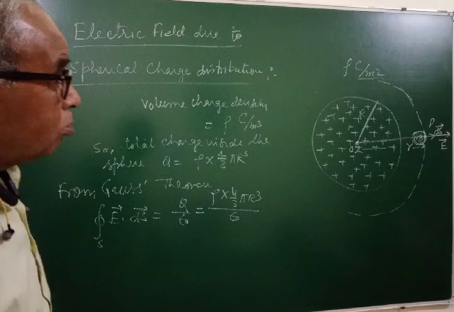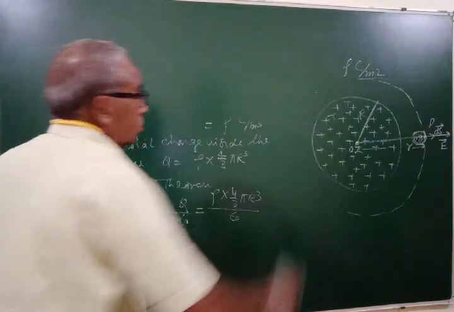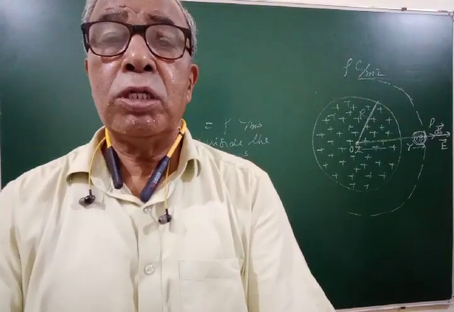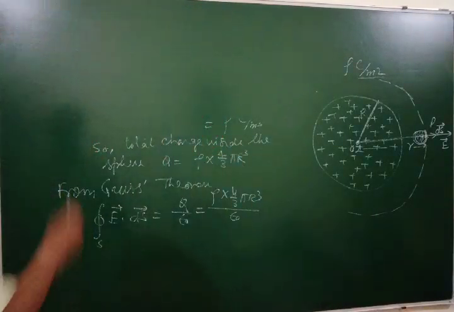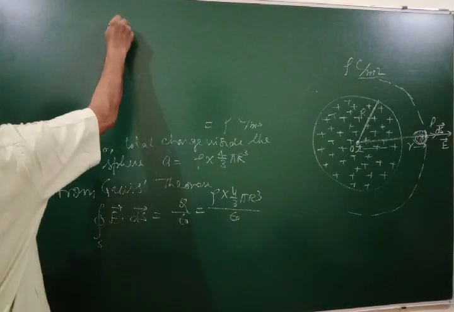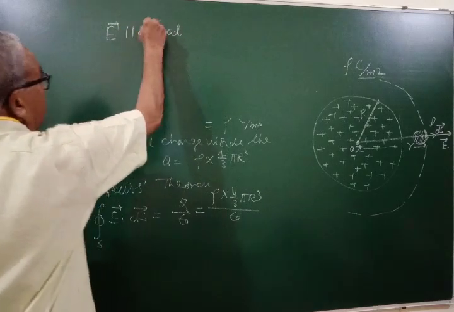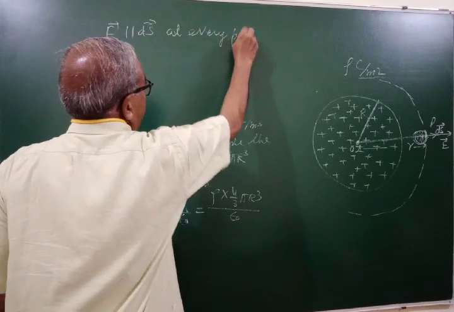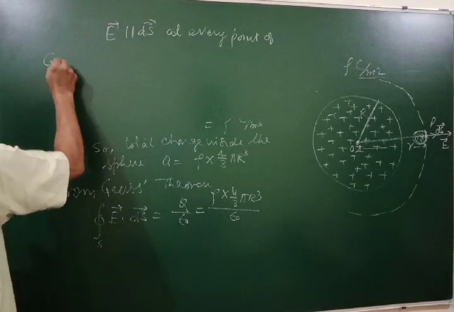At every point of the Gaussian surface, vector E and ds are parallel.